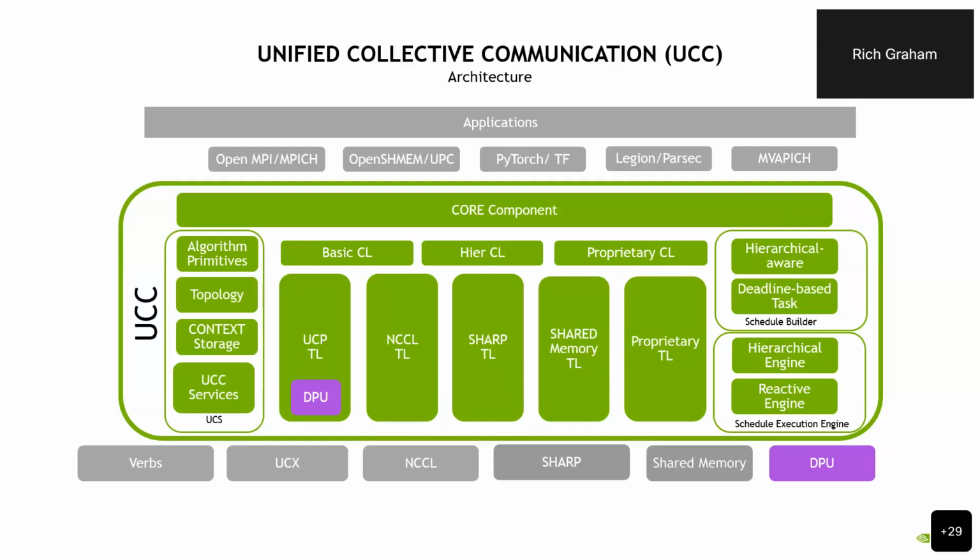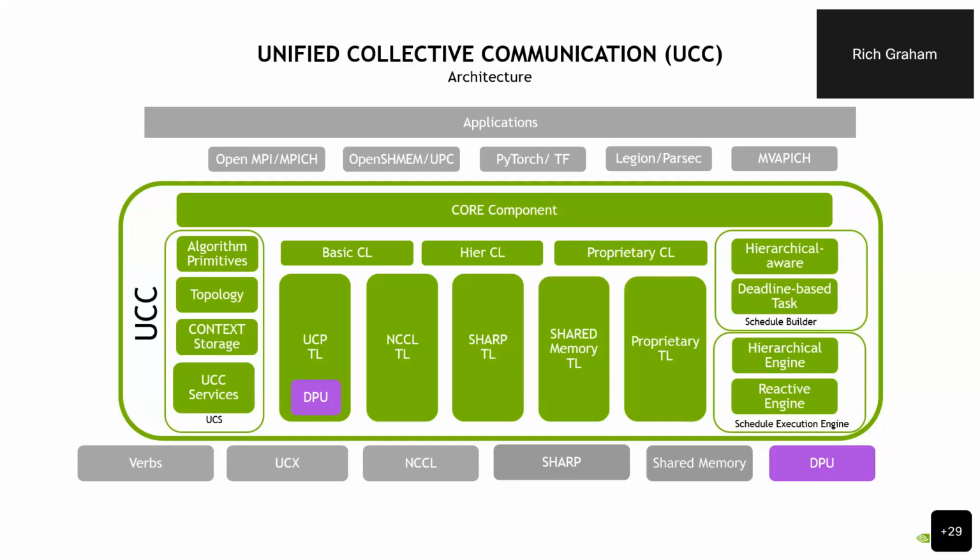The list here is not exhaustive. So OpenMPI and MPICH are of course supported here. There are versions of OpenSHMEM and UPC that also use this capability. PyTorch and TensorFlow, Legion and Parsec, and others. And as I said, there are other things sitting on top of this.